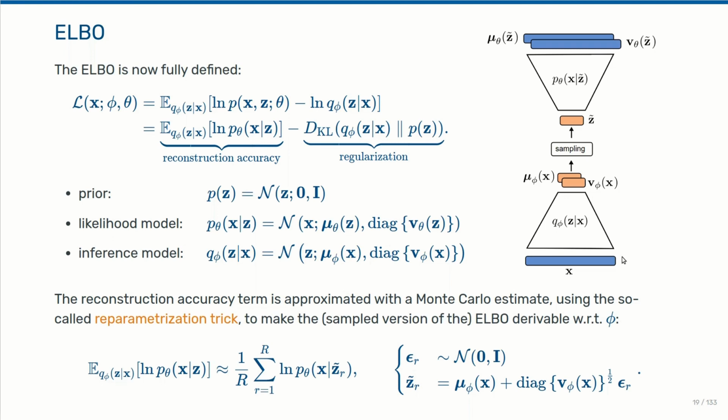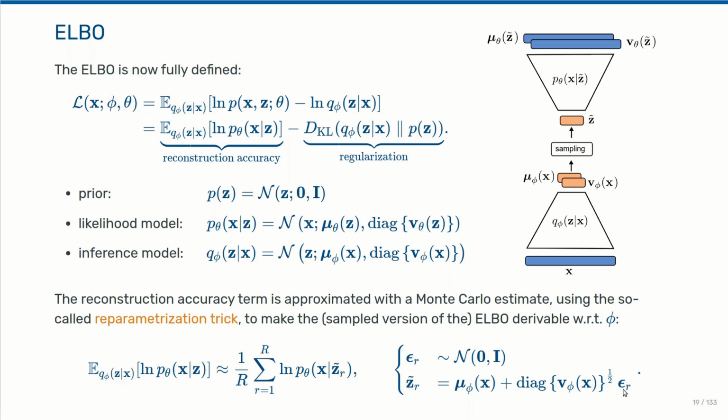To overcome that issue, we use the so-called reparameterization trick, and we realize that sampling directly from the distribution Q phi is equivalent to sampling from a standard normal distribution and then applying the operation that you see on the second line.